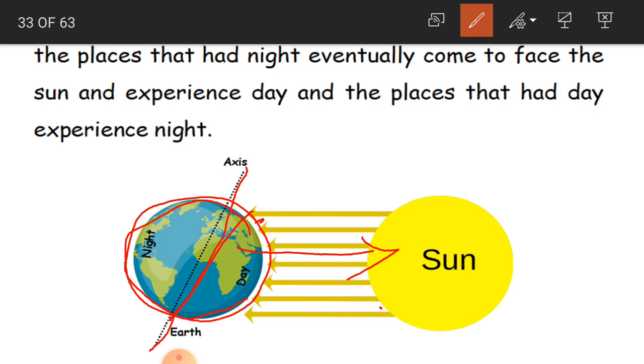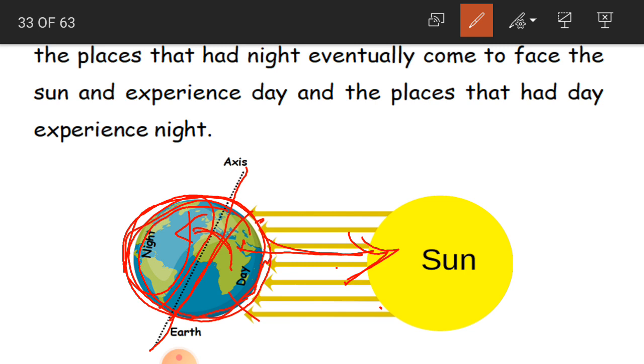Again when this turns this side, this part that was having night is going to come towards the sun side. So they will be having day, and the part that has gone back will be having night.